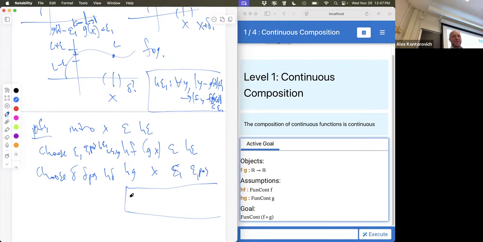What about H delta? What does H delta say? For all y. Yep. Well, now it's delta. Yep. The distance between g of y and g of x is less than epsilon 1.